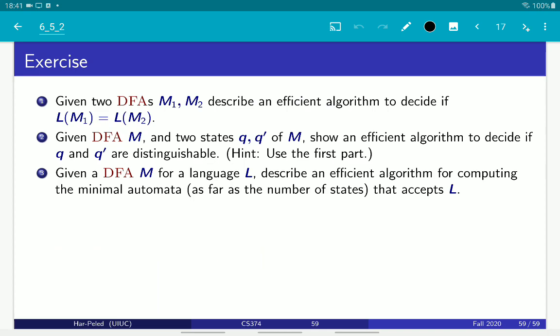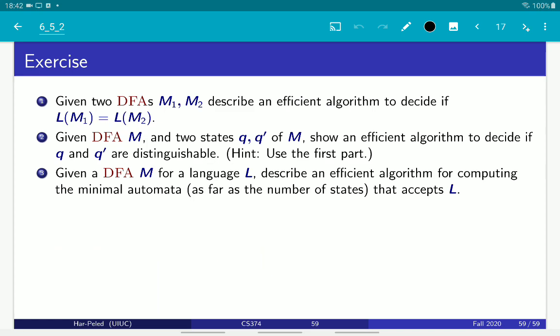So first show that if I give you two automata, two DFAs, you can check efficiently whether the languages are equal or not. This is easy. Next, if you have a state q and a state q prime, check whether those two states are equivalent, or if you want, indistinguishable.